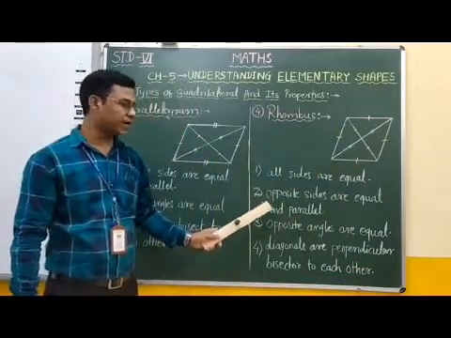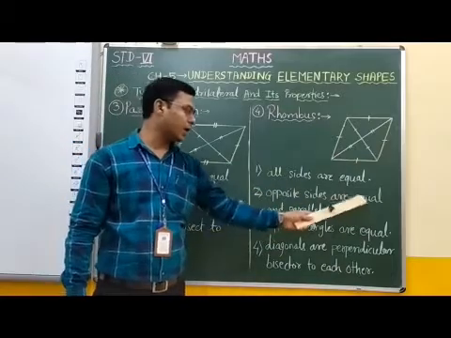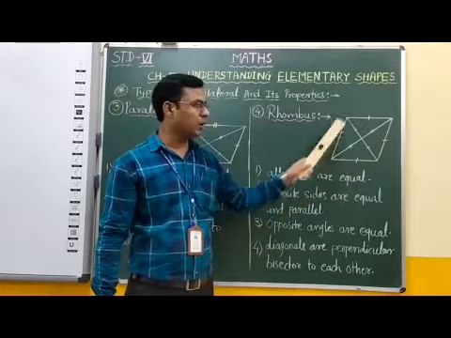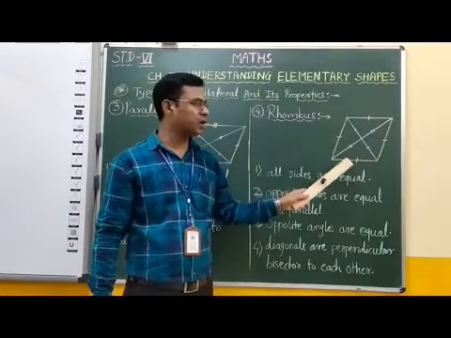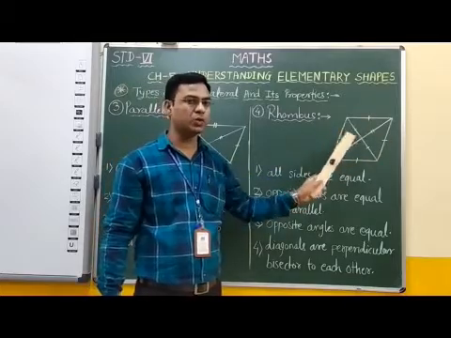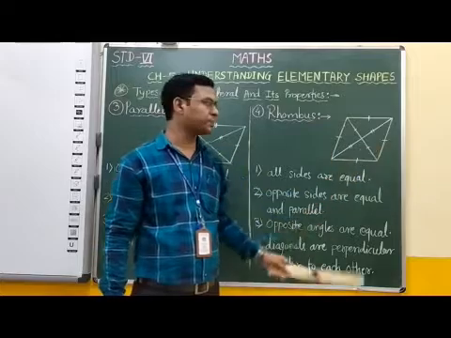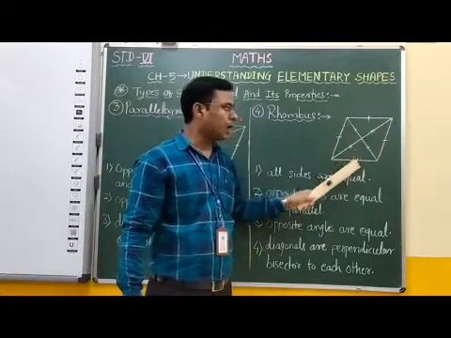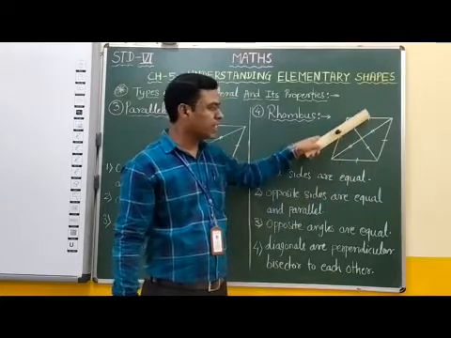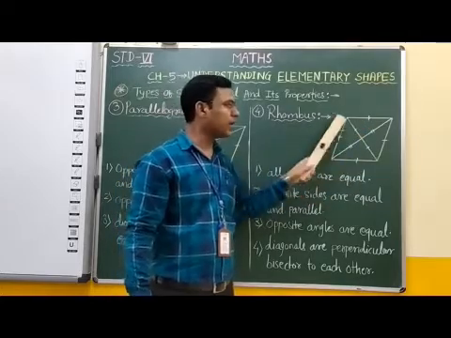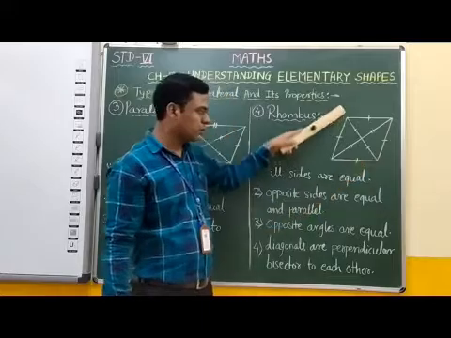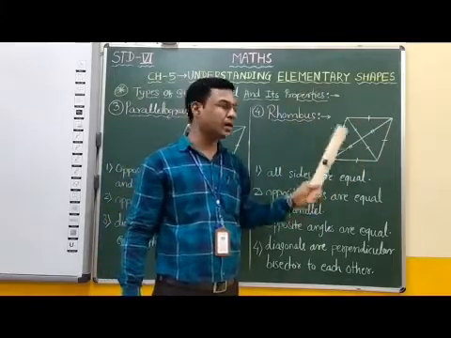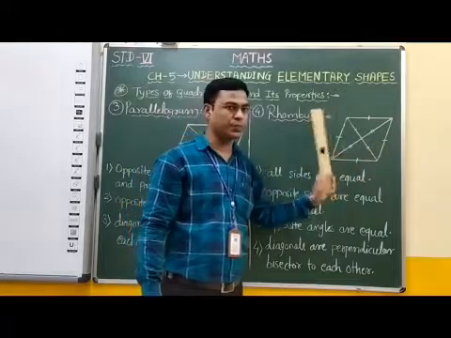Now, the second property: opposite sides are equal and parallel. Here, all sides are equal, which means opposite sides are also equal. These two sides are opposite sides, they are equal and they are parallel also. These two sides are opposite, they are equal and parallel also.